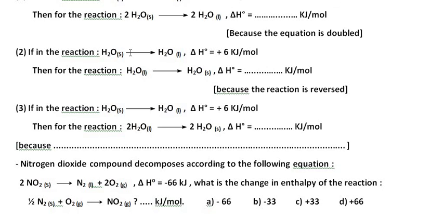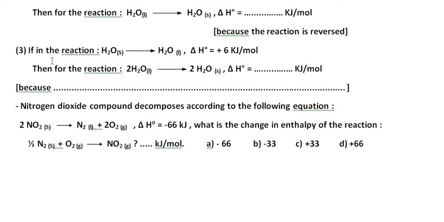Why? Because this change is endothermic, but the opposite one, this one, is the opposite of the first one, is exothermic. So delta H is equal to minus 6 kilojoule per mole. The next example is the same physical change, then for this one, 2 H2O liquid changed into 2 H2O solid.